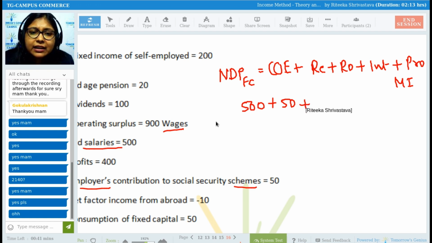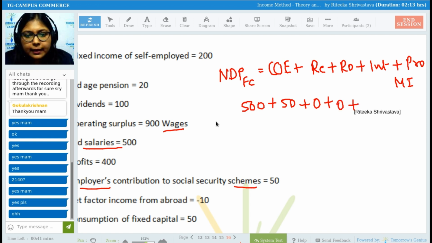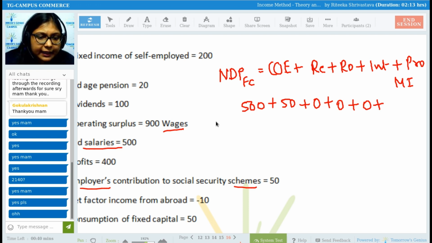Next, we have to see whether any rent is given to us, actual rent or imputed rent. I cannot find any kind of rent over here, so 0. Royalty, nowhere, 0. Interest. Is there interest given to us in the question? Again, no. So 0. Profit is directly given to us, 400.